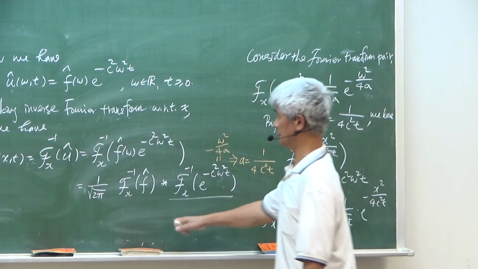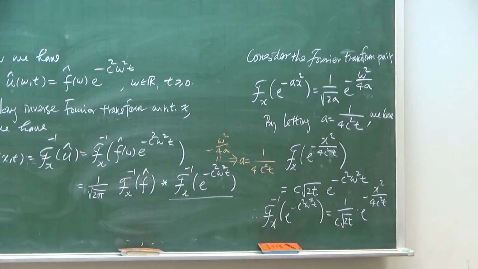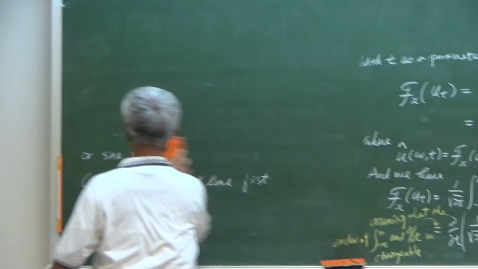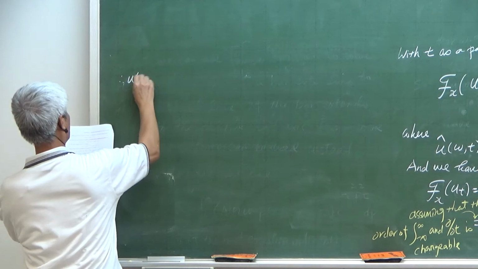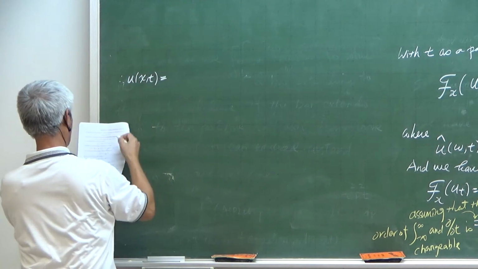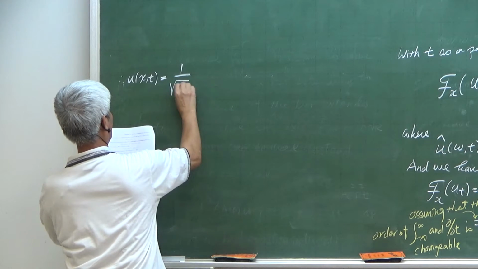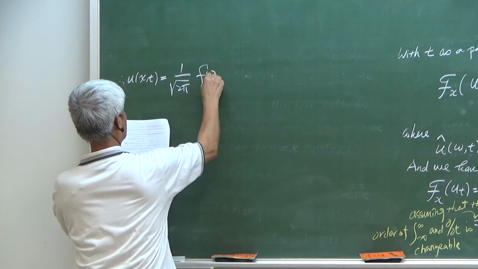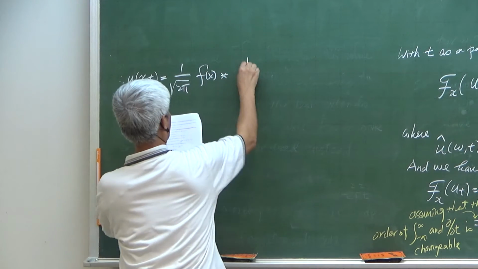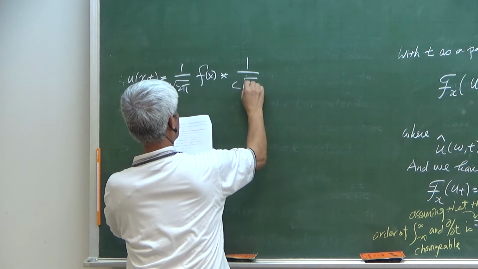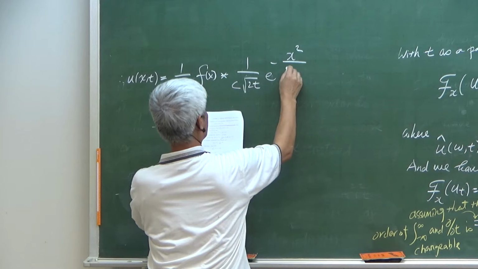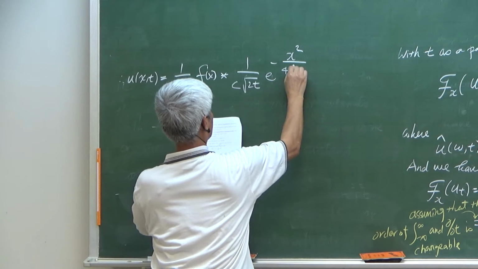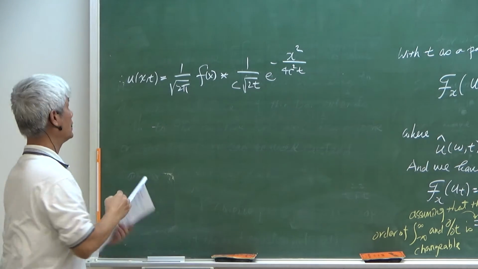And then the convolution. So finally, u(x,t) is equal to 1 over square root of 2 pi, f(x) convolution with 1 over c square root of t e^(-x²/4c²t).